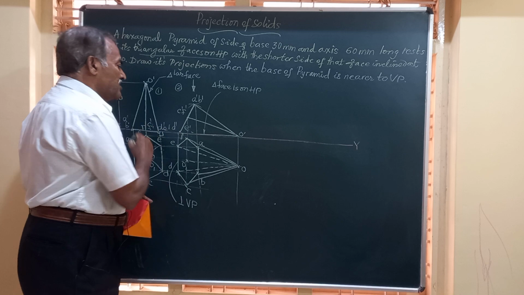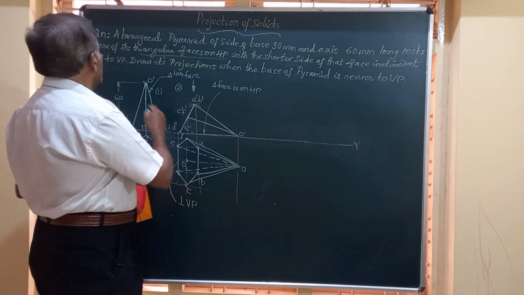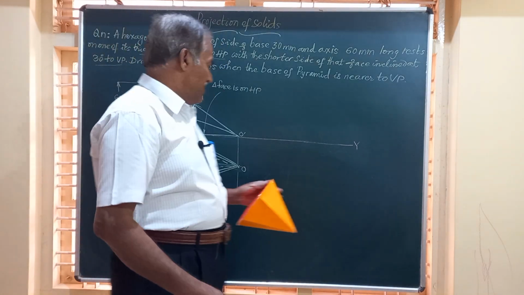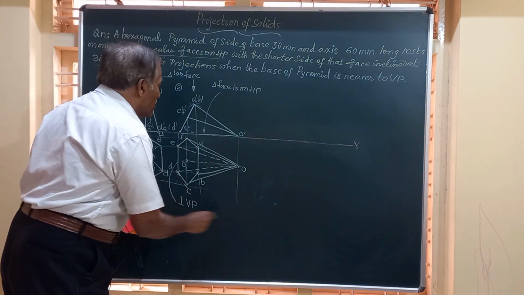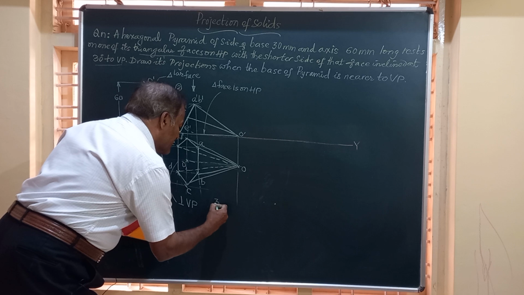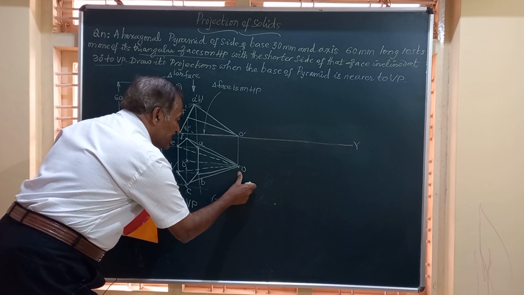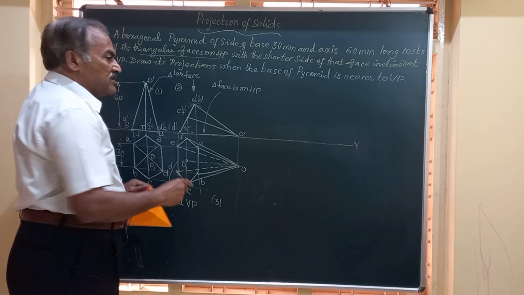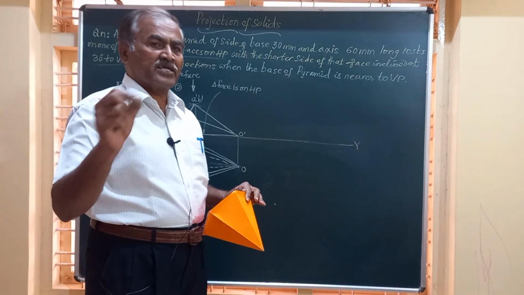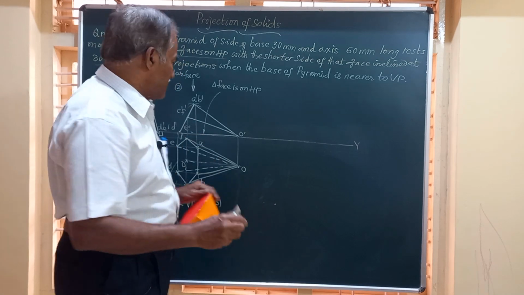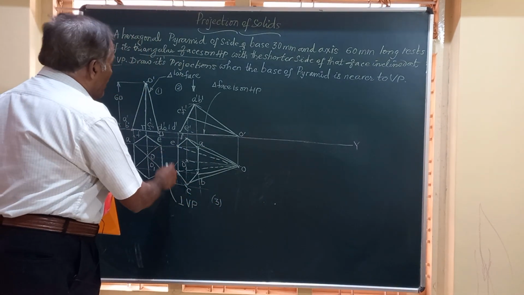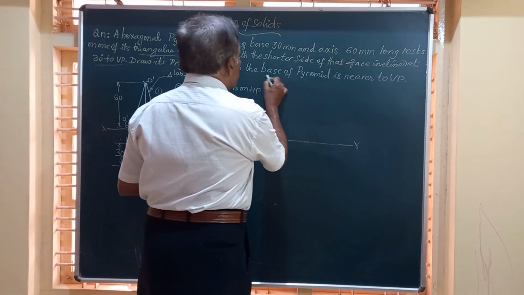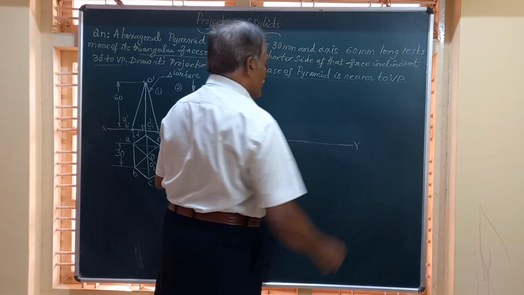I have shown that here. But as per the problem, it has to be at an angle of 30 degrees to VP. So whatever figure you have got here, say figure number 3, that has to be redrawn such that this DE, the shorter edge of the triangular face which is on HP, should be at an angle of 30 degrees to VP when the base of the pyramid is nearer to VP.